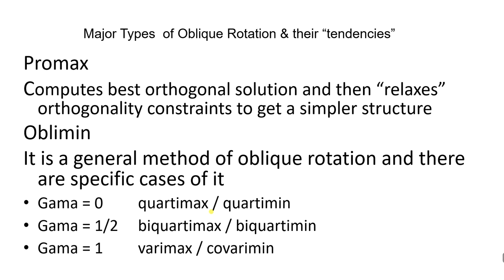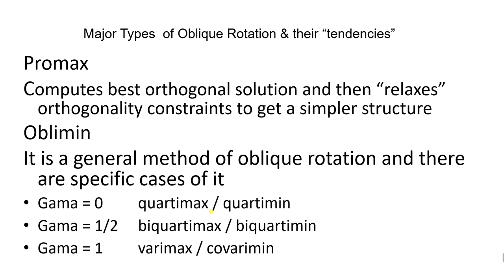And if we are putting gamma equal to 1, then it is Varimax rotation if orthogonality is maintained, and Covarimin if the orthogonality is not maintained. So Covarimin is the oblique rotation, Quartimin is the oblique rotation, Biquartimin is the oblique rotation, and they belong to the general class of oblique rotation called Oblimin. So there are other methods of oblique rotations also.